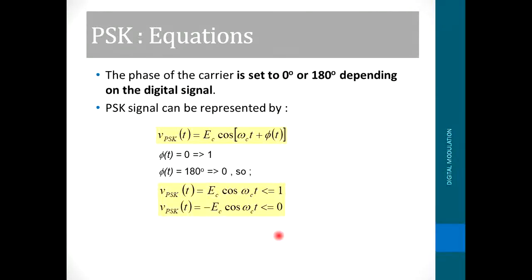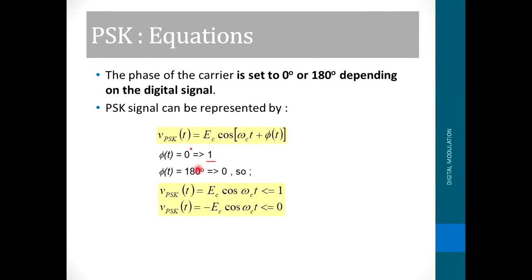and the equation for PSK. Okay, we have VPSK equal to EC cos(omega C t plus theta(t)). For theta(t) equal to 0 degree, it's 1.